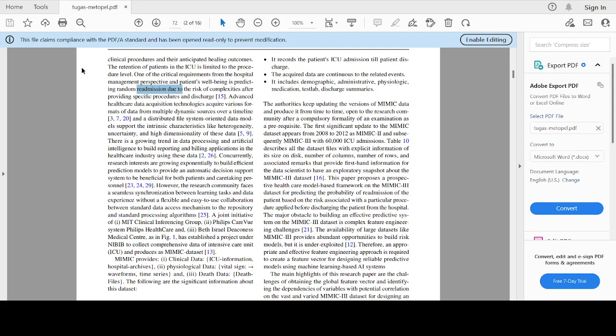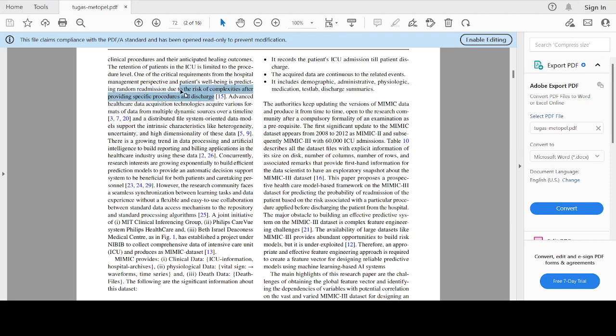Several research studies have already tried to predict readmissions due to the risks of complications after providing a specific procedure.